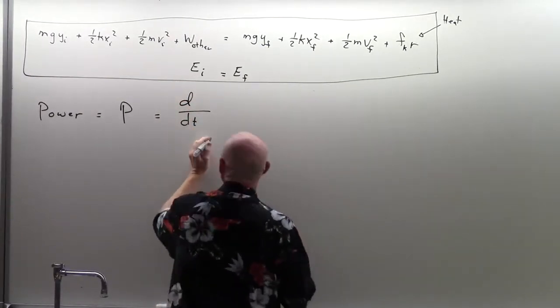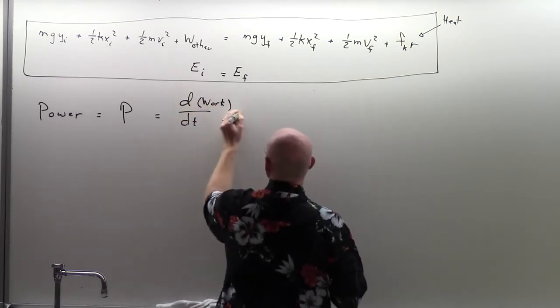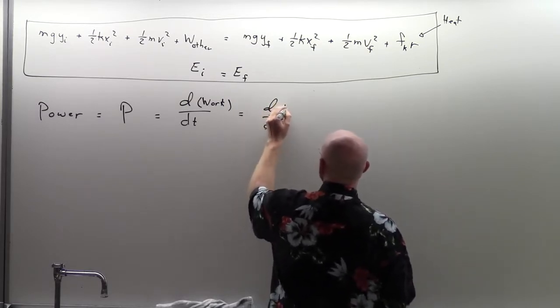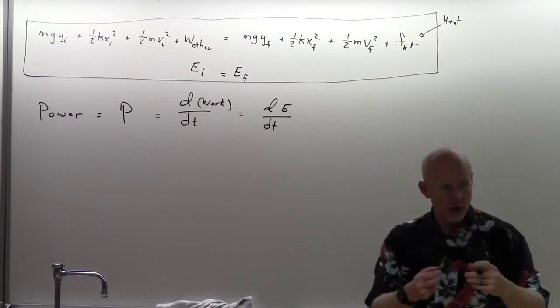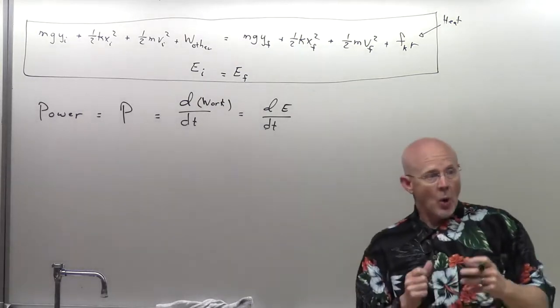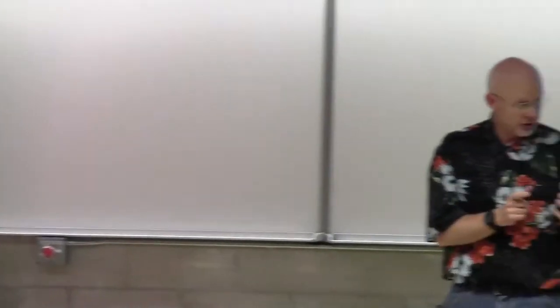It is the rate at which work is being performed. You might even say it is the rate at which energy is being either consumed or generated. Whichever way you want to phrase that, power is closely tied to energy. It is not energy itself, it is the rate at which energy is being done.